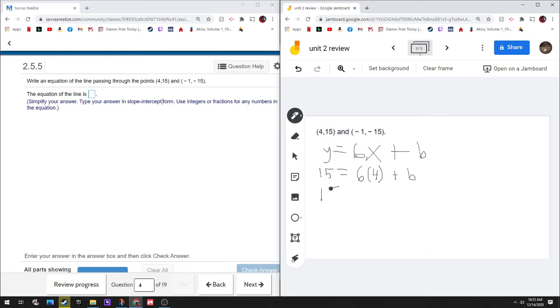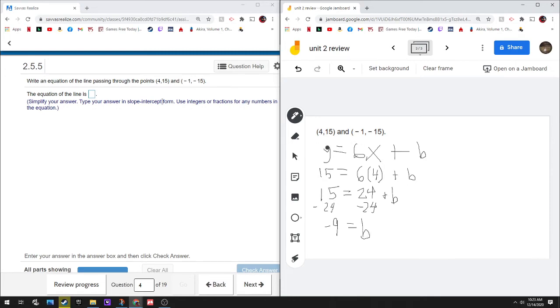So 6 times 4 was 24. And then I got to subtract the 24 from both sides. This works the same every time. 15 minus 24 is negative 9. So I got b is equal to negative 9. Yep. Let's write b over here, not negative 9.